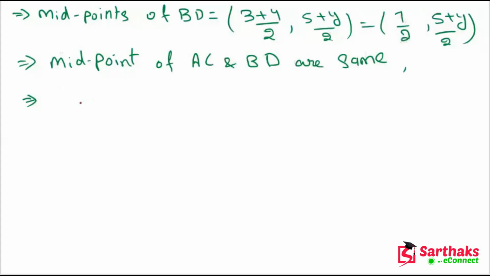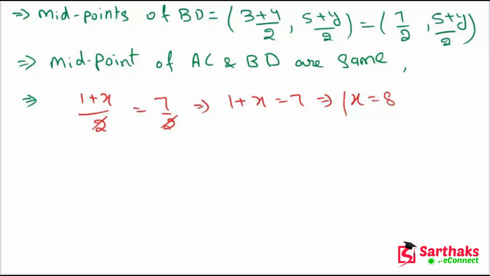So we can write 1 plus x divided by 2 is equal to 7 upon 2. If we solve this, the 2 will be cancelled, so 1 plus x is equal to 7. So x is equal to, sorry, 7 minus 1, which is 6. So the value of x is 6.